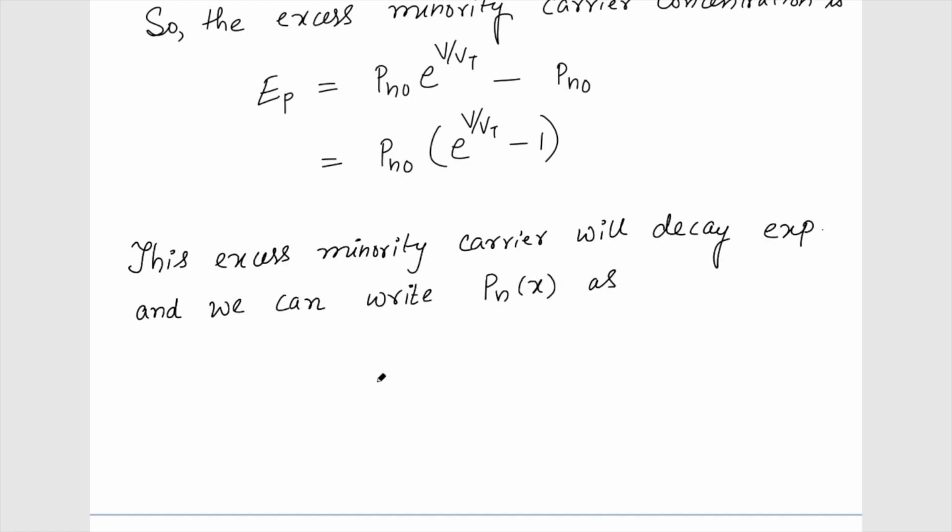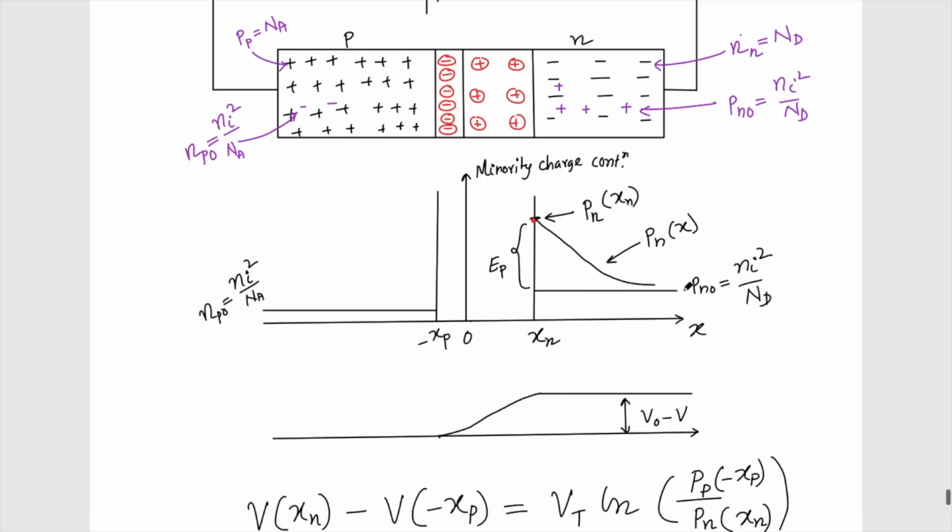So the excess minority carrier will decay exponentially. We can write Pnx, the concentration of the holes on n side with the variation of x, with x-axis as a variable, as Pn0, because this is the base, right?